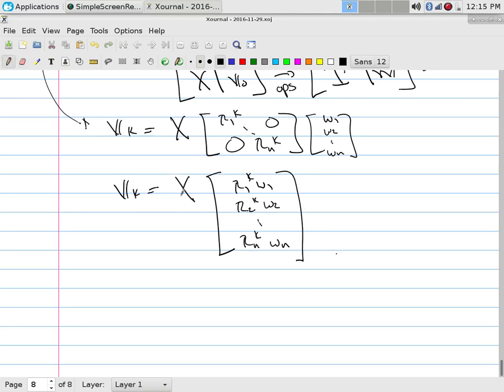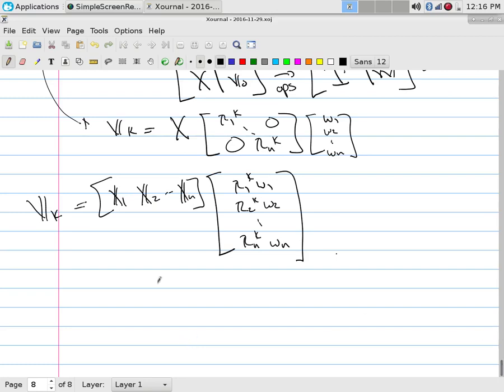Well, how do I take a matrix and multiply it by a column? Same way we all know how to do this. This x could be thought of as a row, which is eigenvector 1, eigenvector 2, eigenvector n, equal to vk. But a row times a column is a scalar product.